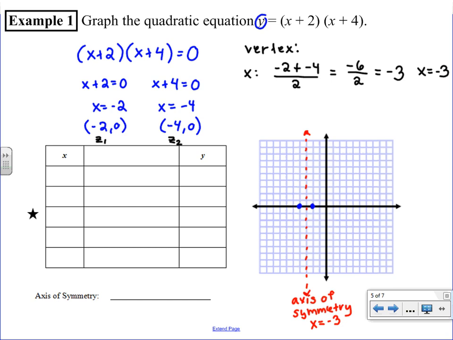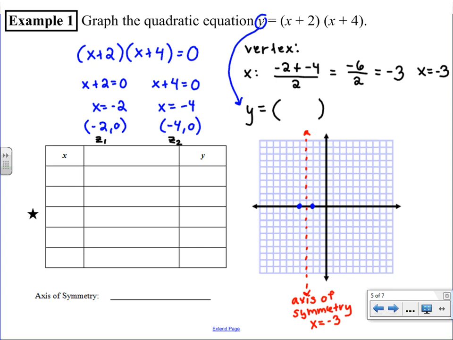So either way. Now, the vertex also has a y-coordinate. So we know that it's going to fall somewhere on that red dotted line, but we have to find exactly where. And here's how the equation is going to come back into play. So this y value is going to be found by simply substituting in x values.